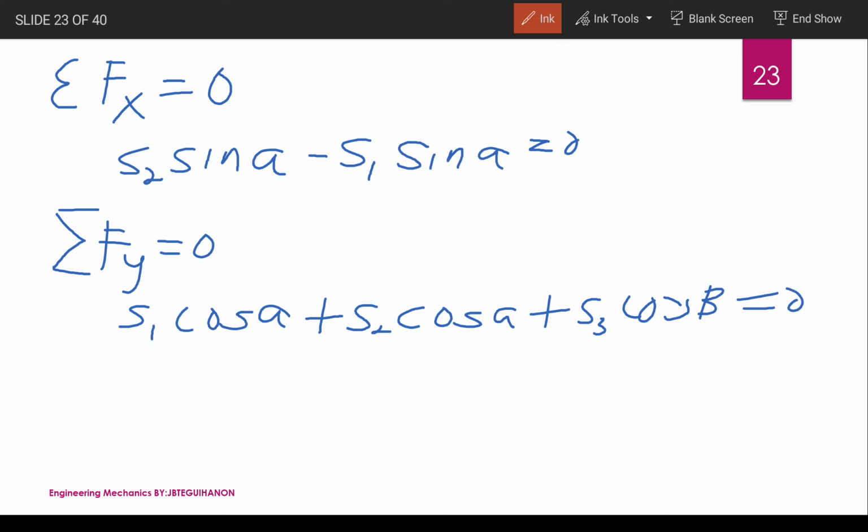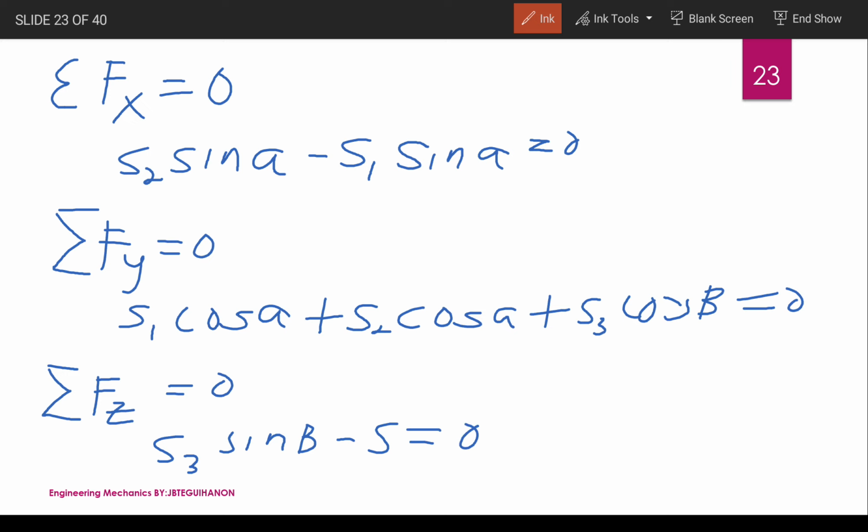And then you will have your summation of your forces on the z-axis is equal to 0, and that is actually S3 sine muna, beta minus S. So ito na yung vertical base sa ating free body diagram dito kanina.